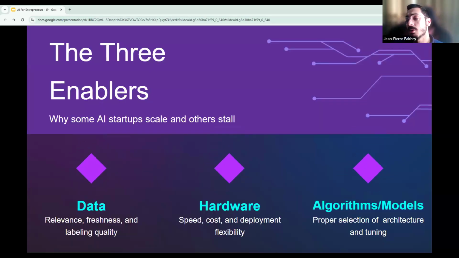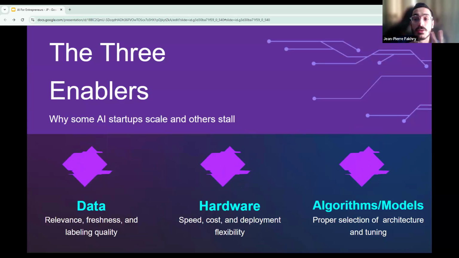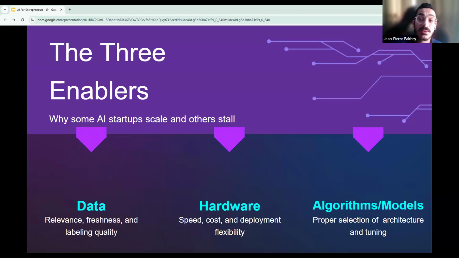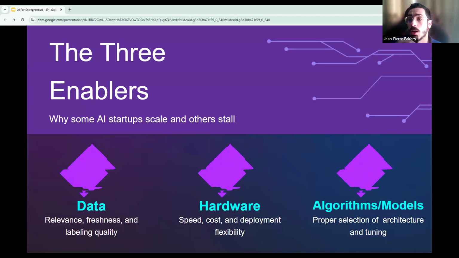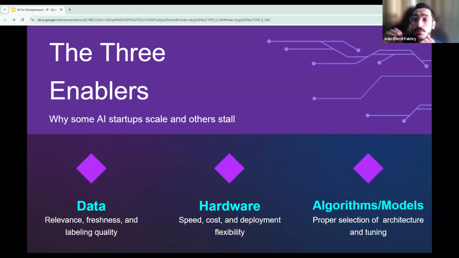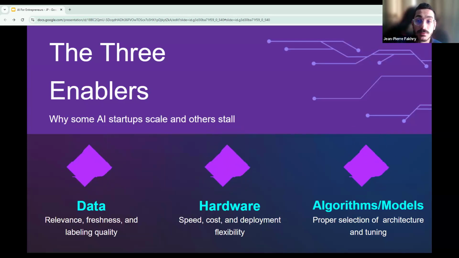Now, let's talk a bit about the three enablers. So, every AI product that you ever see now runs on three important pillars. All right. We have, first of all, data. Data is the most important and the least replaceable. So, do you have access to real, labeled, relevant examples from the workflow that you are trying to improve? This is very, very important, guys. Also, hardware.